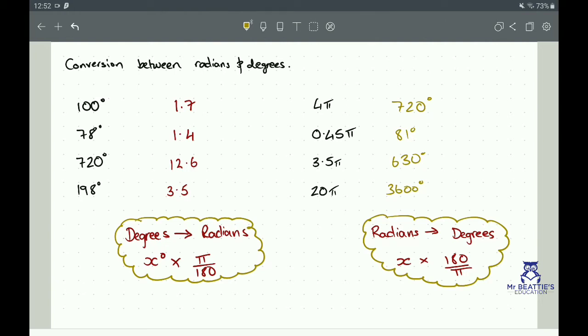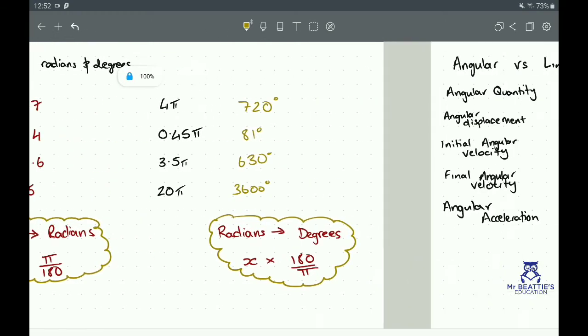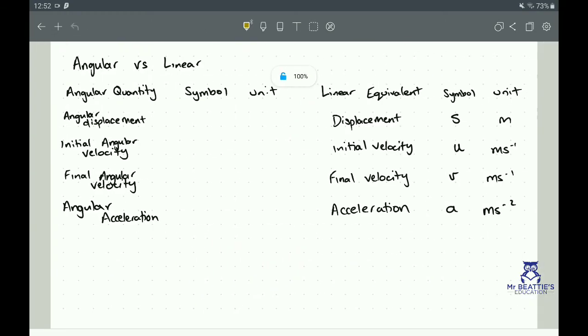Moving on, what we're going to look at are our angular motion versus our linear motion. Up till this point we've been dealing with displacement, velocity and acceleration, and we know that displacement is S, initial velocity is U, final velocity is V, and acceleration is A. What we have now are the angular versions of these.